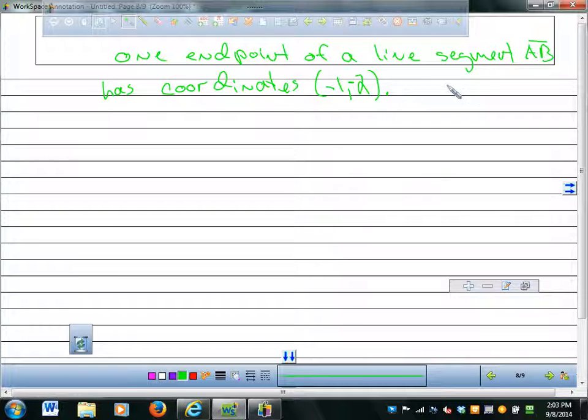The midpoint is 2, 4. And they'll say find the other endpoint.